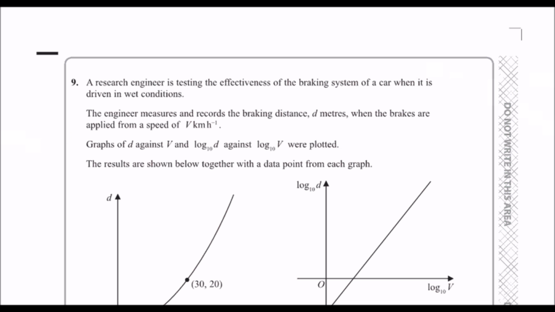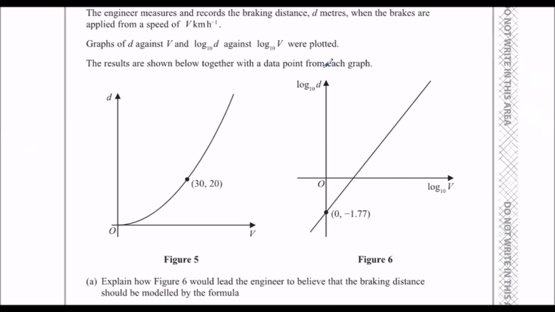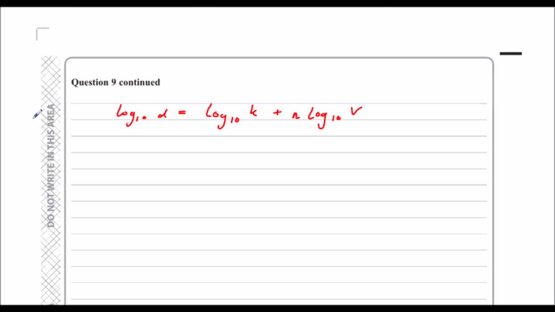So log 10 d is our y, log 10 v is our x, and it's got a y-intercept of minus 1.77.